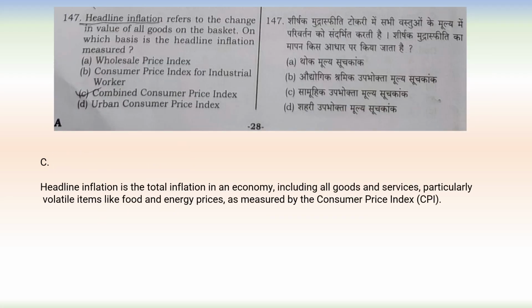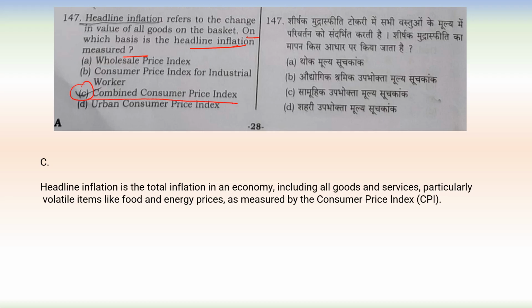Next one, headline inflation refers to the change in the value of all goods in the basket. On which basis is the headline inflation measured? Headline inflation refers to the changes in the value of all goods in the basket. It is on the basis of the consumer price index, or you can say the combined consumer price index.